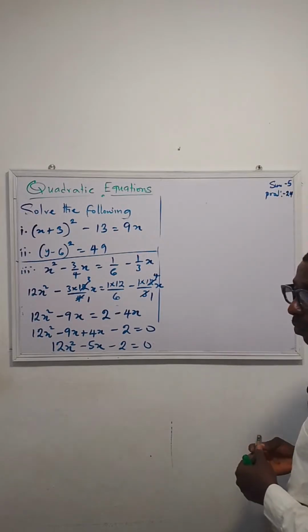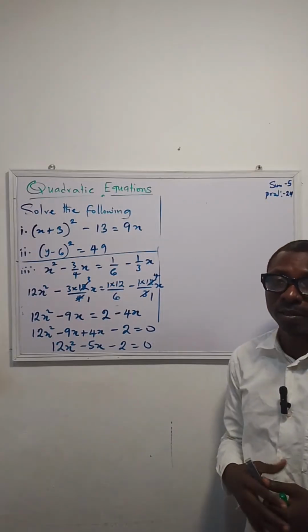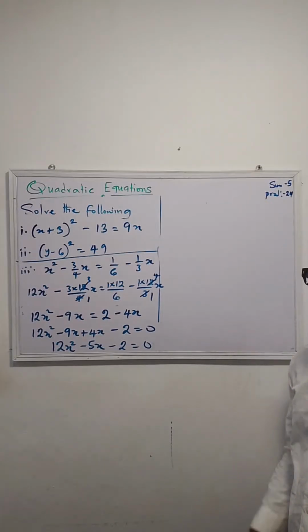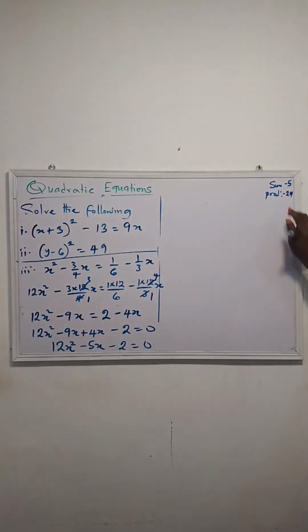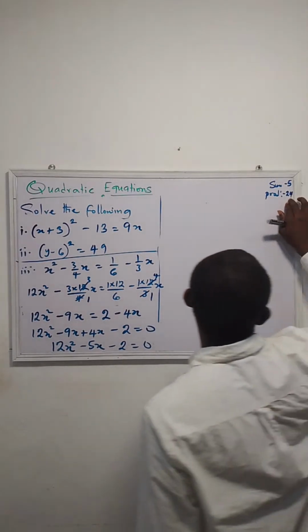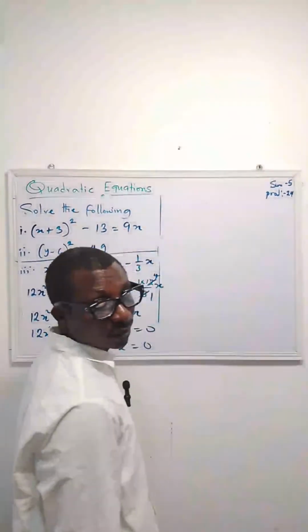Good. So we need two numbers such that when you multiply together, you have negative 24, and when you add together, you have negative 5. So what are the numbers? Those numbers must be factors of 24.